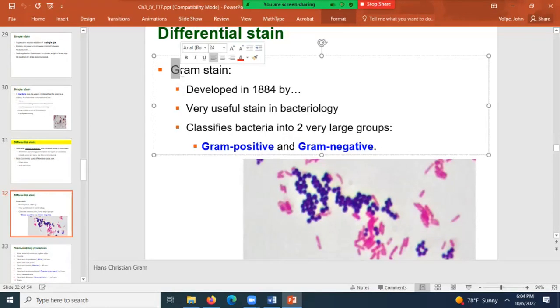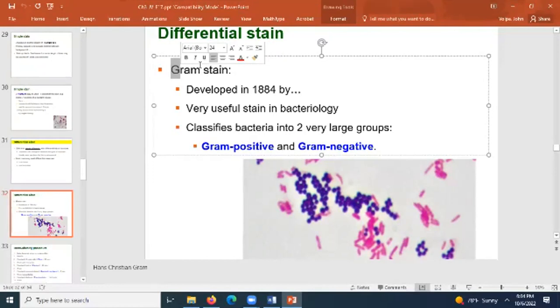The stain that Hans Christian Gram used was differentiating between the patient's own cells and a bacterial infection. So Hans Christian Gram did use it as a differential stain, but the differences he used were the patient's own cells and then the bacteria infecting the patient.